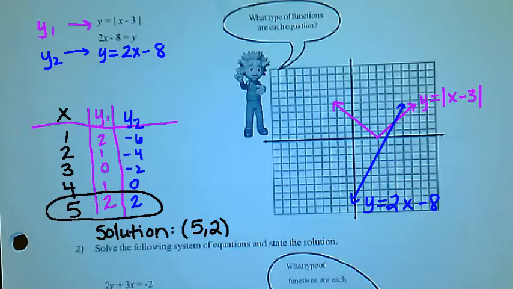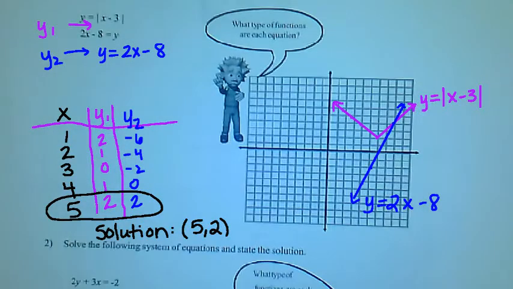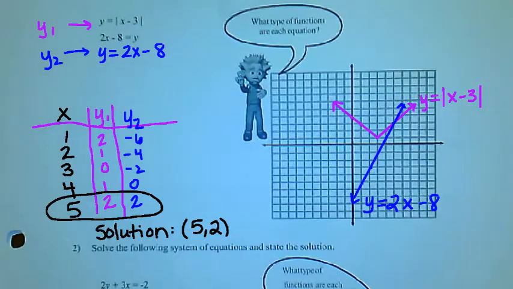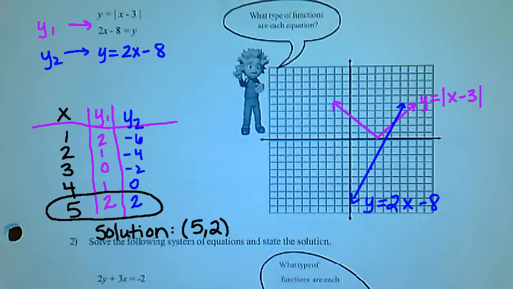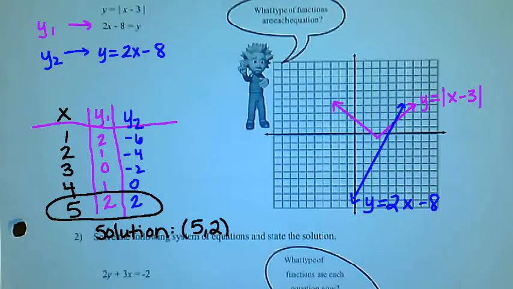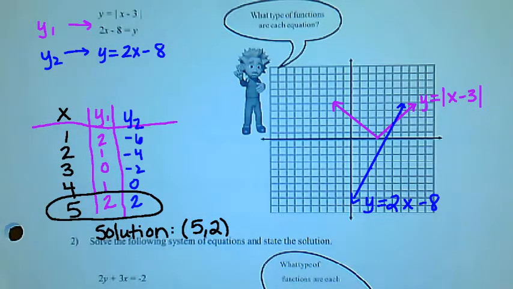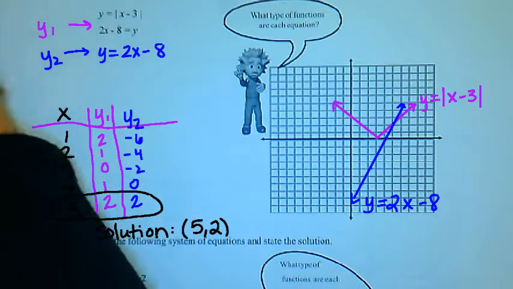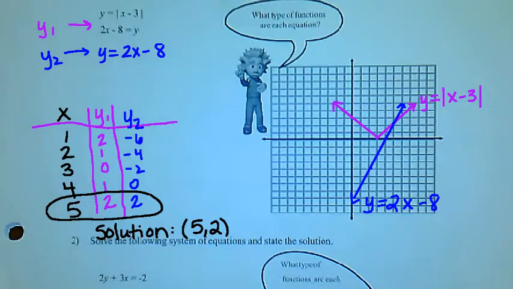Okay, so I graphed both of these. All right, so again, I just copied the table. Okay, so I put both of the graphs in, and all right, so the pinkish purple line, that is our absolute value graph, and then the blue line is our linear equation.